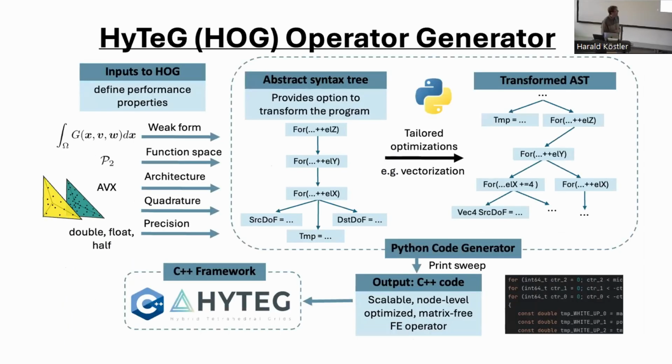That means, this is the overview here, that you define some parameters, like what you want to solve, so the weak form, in which function space, on which architecture, for example, which quadrature rule you want to apply, and on which precision you want to run. And then the code generation starts. You insert that in Python, as we have heard, and the output is then C++ code.